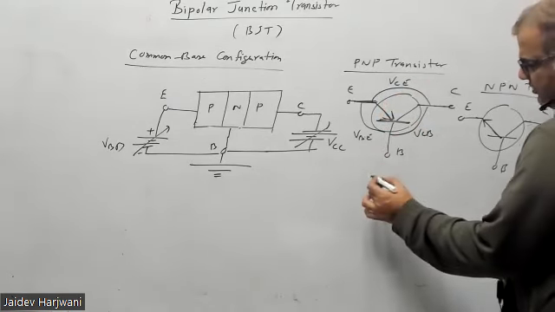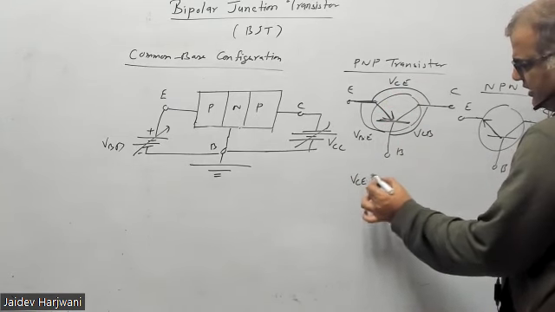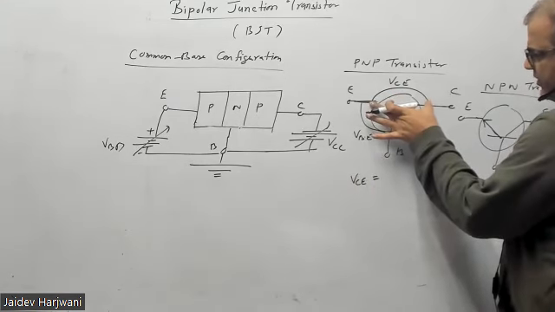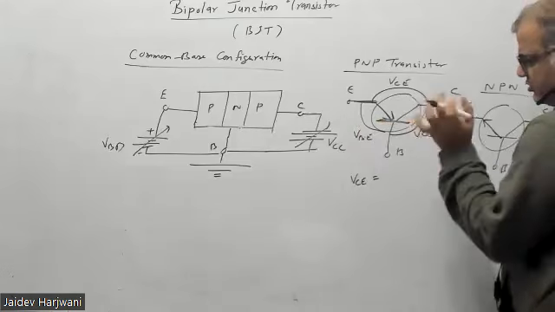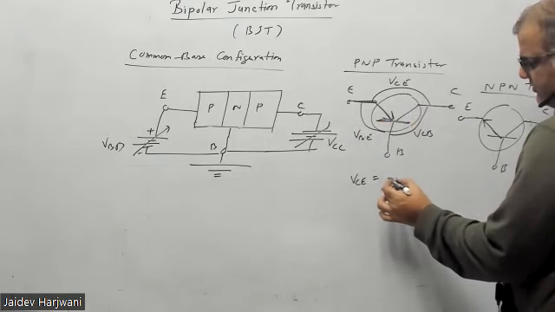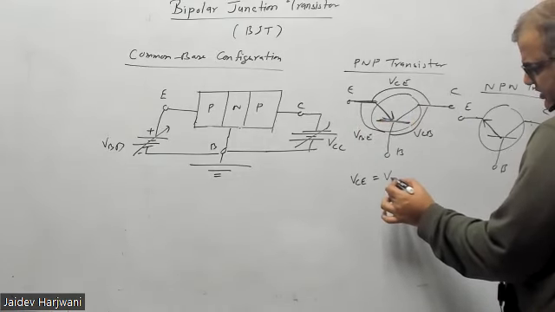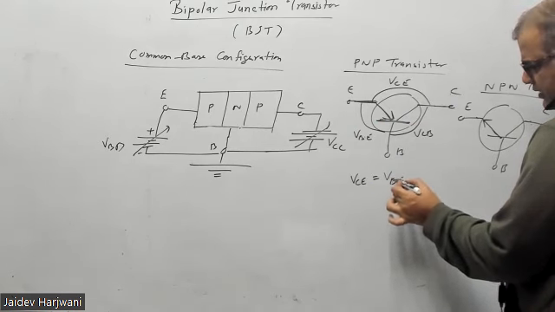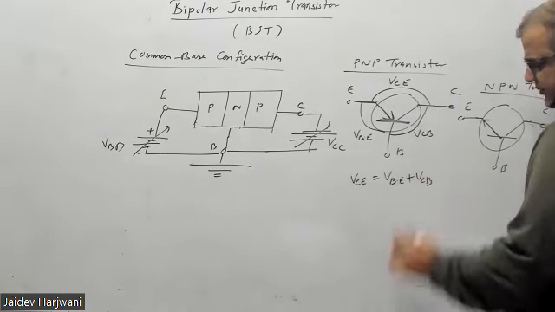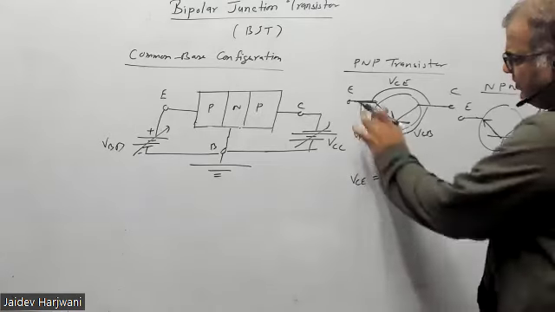And in the circuit you have to always remember this drop plus this drop is equal. So this VCE is basically your VBE plus VCB.